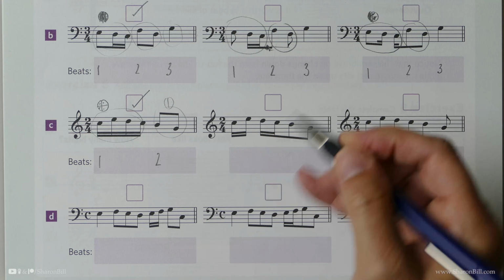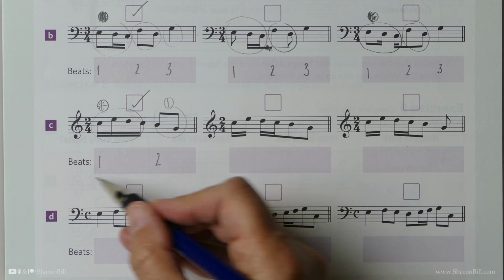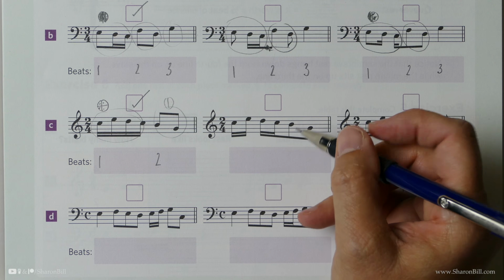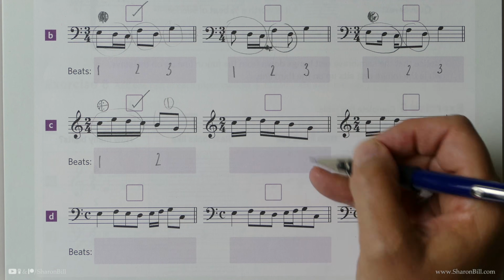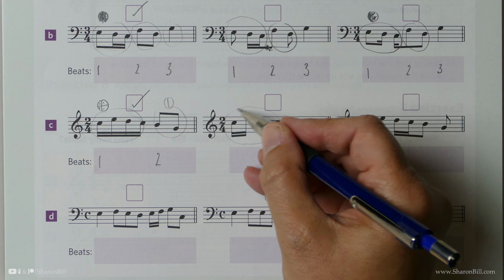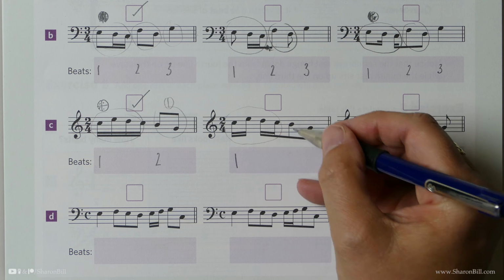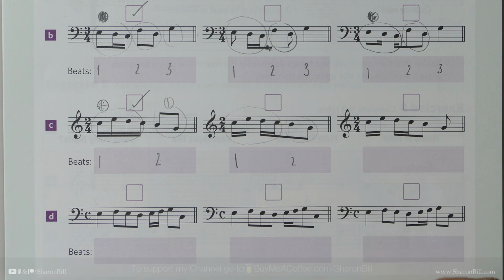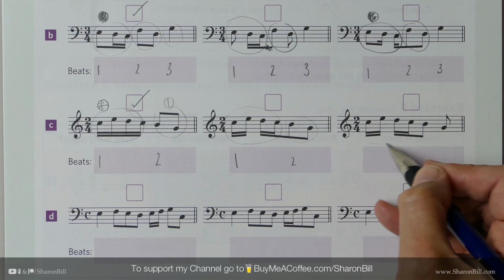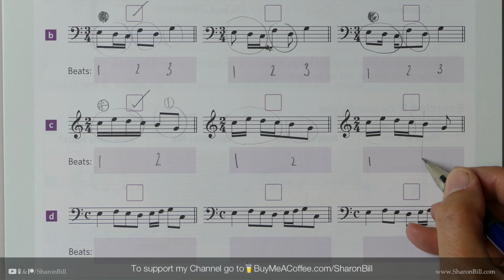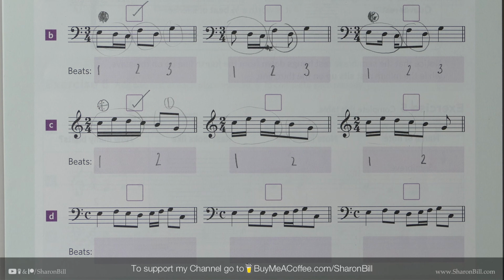So now we've got to show where the beat falls just the same, which you'll find is much trickier to do because they're incorrectly grouped. So 4 quarters, that's beat 1, and then a half and a half, that's beat 2.